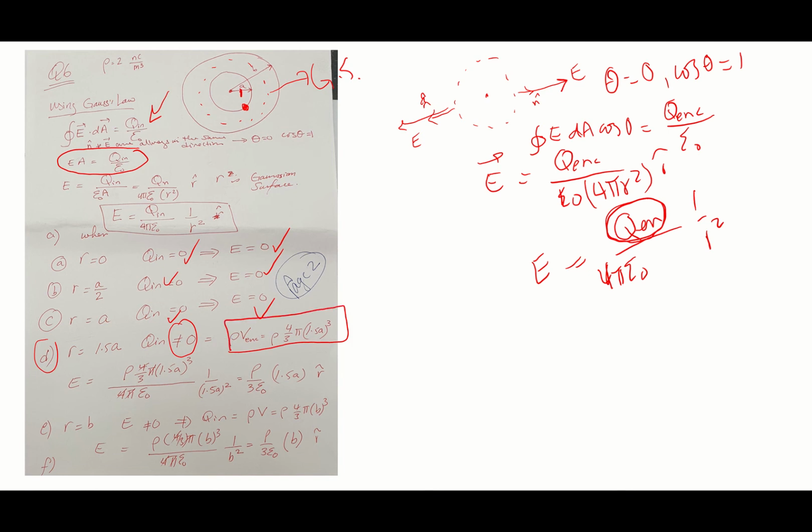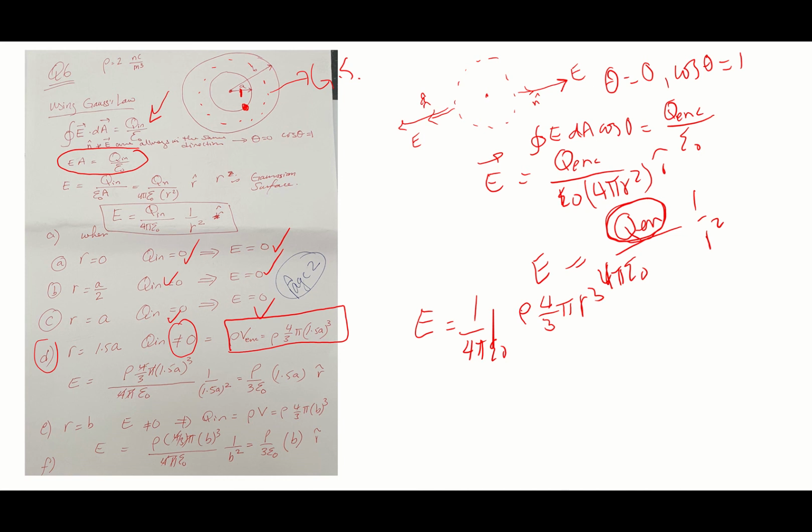So for part D, E, and F, for all these 3 parts, E is equal to 1 over 4 pi epsilon naught, and then Q enclosed will be rho times 4/3 pi r cubed.